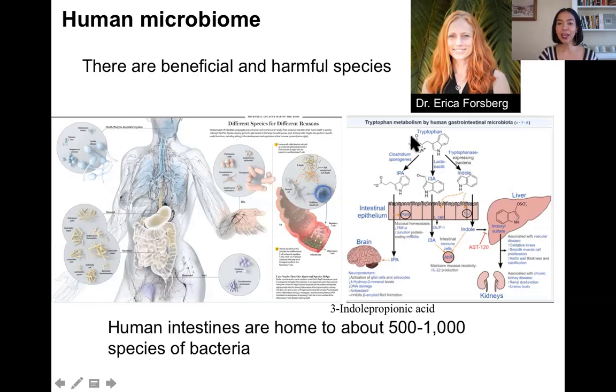In here we have tryptophan, which is an amino acid, and in the presence of different bacteria, this tryptophan is going to be converted into a different molecule. For example, Clostridium sporogenes is going to convert this tryptophan into IPA, which is indolepropionic acid. This acid passes the epithelium in the guts, and then it gets transferred into the brain.